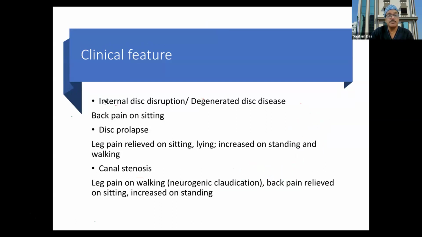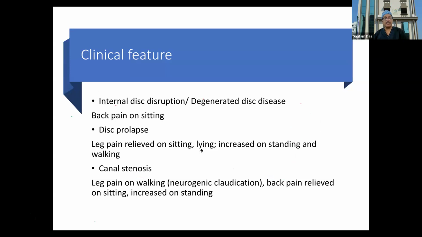Okay, so these are the three presentations. Internal disc disruption causes back pain on sitting. Prolapsed disc produces leg pain, but this leg pain is relieved on sitting or lying down. Why? Because when you sit, we flex the hip and knee. If the knee and hip are flexed, then the nerve root is relaxed, so there is less pain. But on standing, what happens?